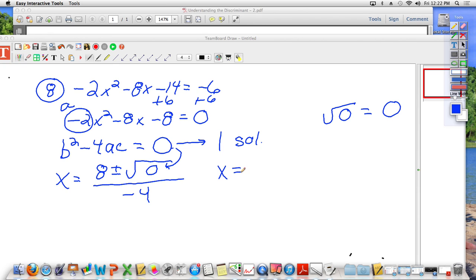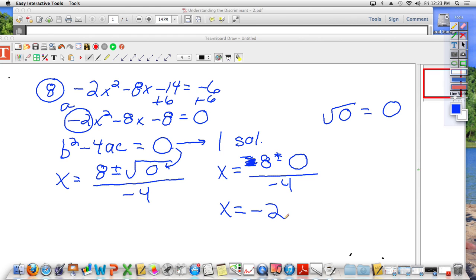X is going to be equal to positive 8 plus or minus 0 divided by negative 4. Well, think about that. What is 8 plus 0? 8. Divided by negative 4. Negative 2. So x is equal to negative 2.